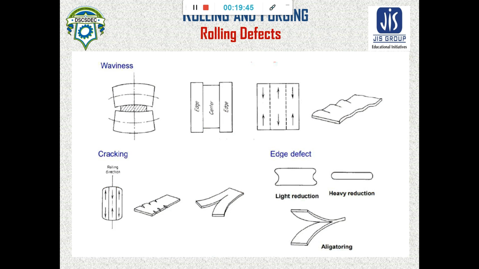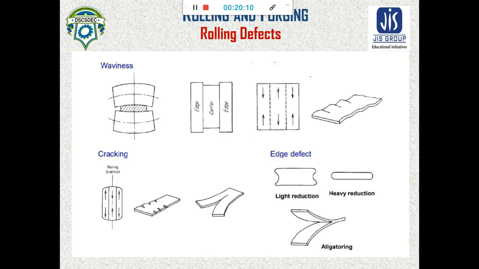Now we will move to rolling defects. There are several types of rolling defects. First, there are surface defects, such as scale, rust, scratches, and pits that are caused by impurity or inclusion.